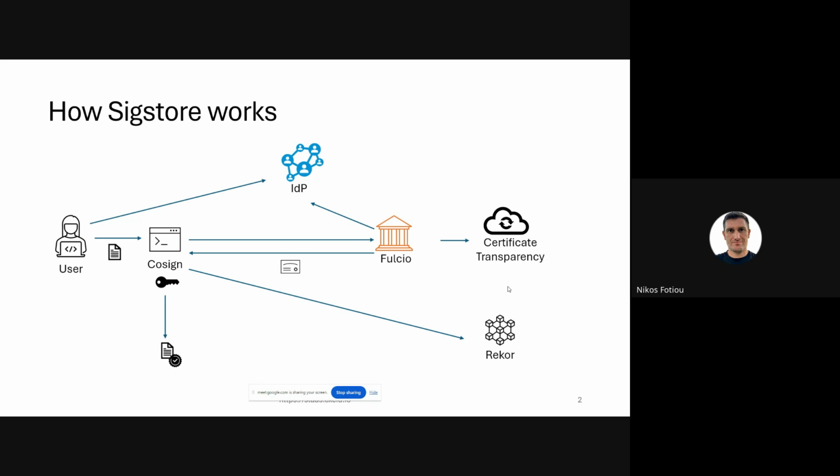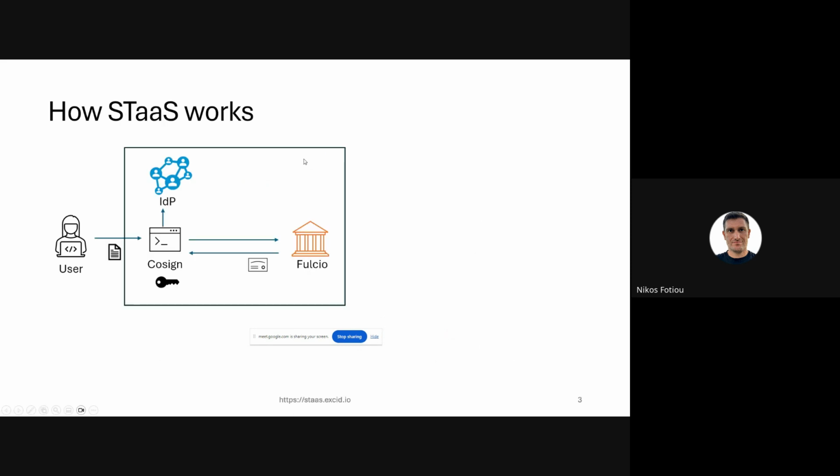We wanted to develop a web service that offers Sigstore as a service. So we created a website. The website is the one that appears at the bottom of this slide, where the user uses a web page to upload the file.